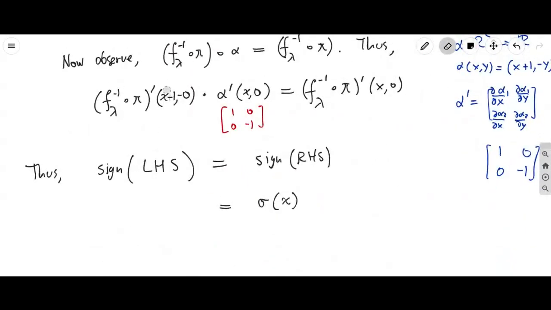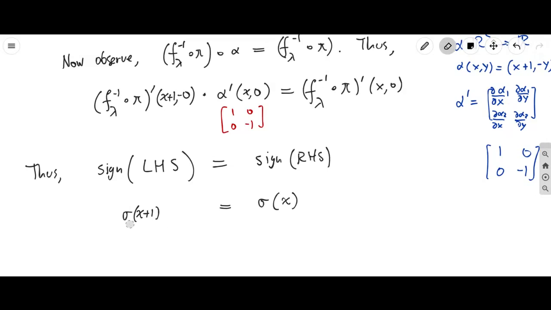So this is the derivative at x plus 1, and so by definition, this is sigma of x plus 1. So that is going to be sigma evaluated at x plus 1.